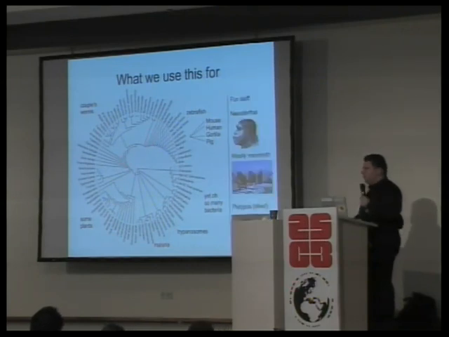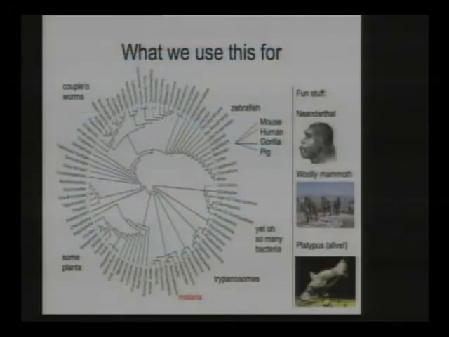And there's also fun stuff being done. Some people are trying to extract Neanderthal DNA from teeth they found, because that's the most likely place to find DNA after tens of thousands of years, because the tooth actually protects the DNA inside, or it can protect the DNA.